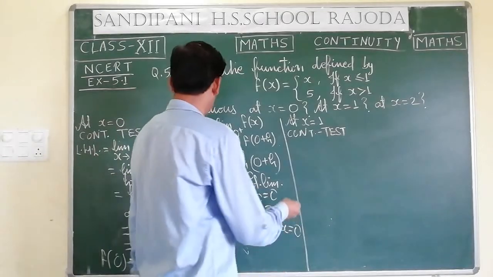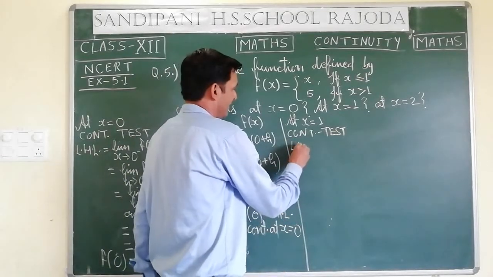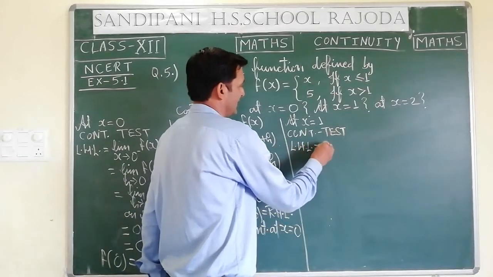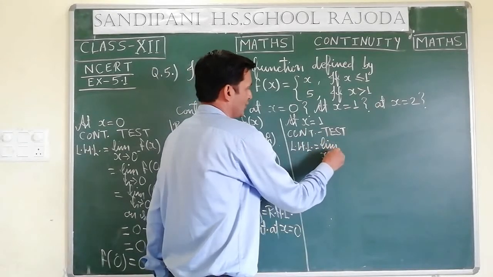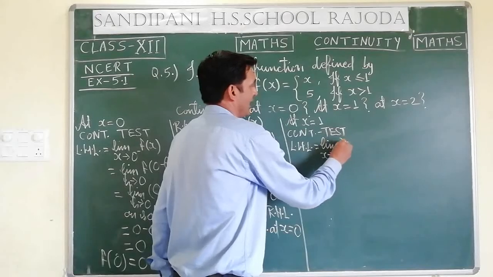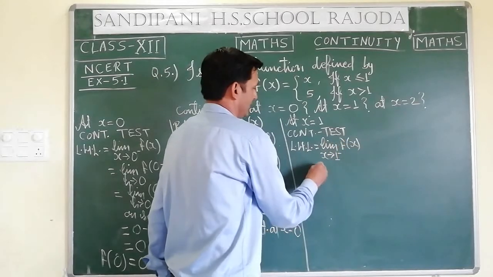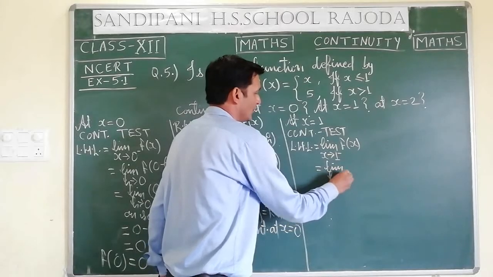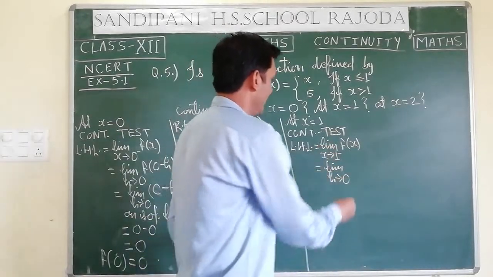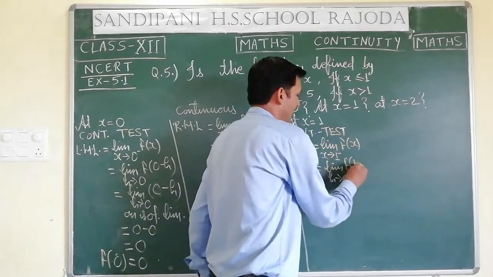So here left hand limit, that is equal to limit x tends to 1 minus f of x is equal to limit h tends to 0. In place of x we have to write here now 1 minus h.